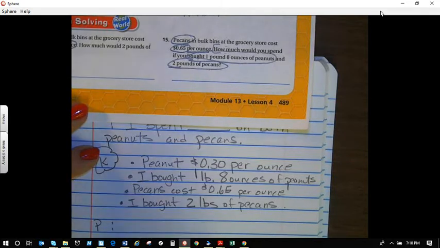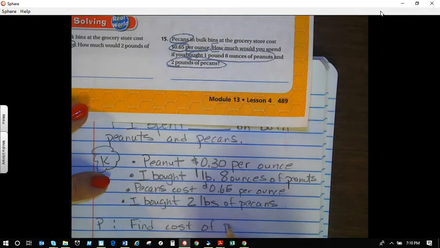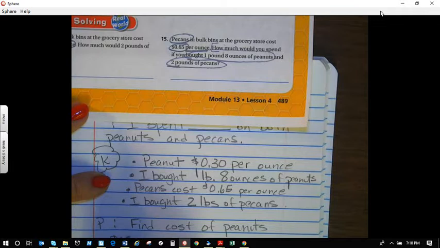Well, I need to find the cost of peanuts per ounce. So, I convert the pounds to ounces. Oops, I didn't finish that. I put con.